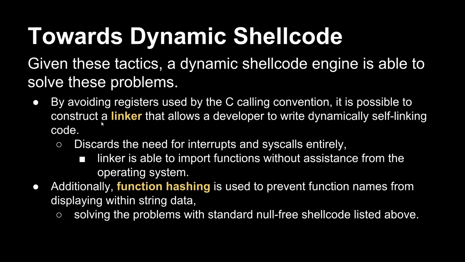Now, given all these tactics that defenders can use, playing the devil's advocate, there are things that an attacker can do to avoid detection by the aforementioned techniques we just covered.